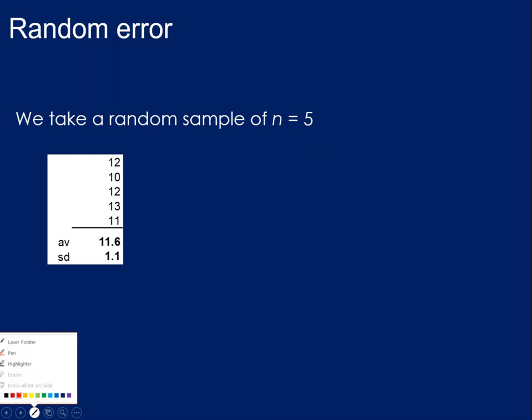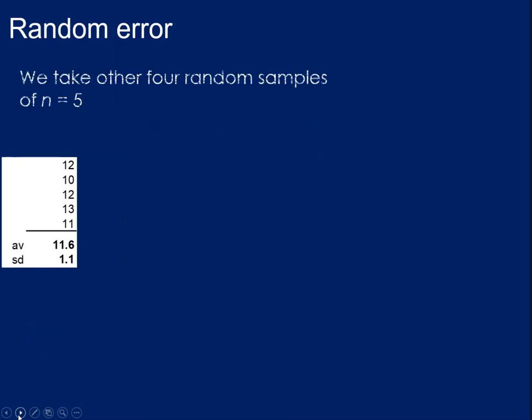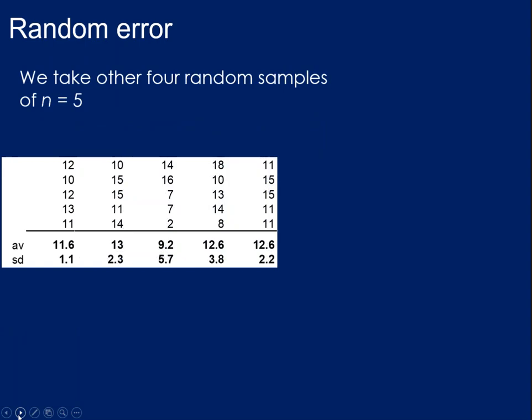We could go on and take another 4 random samples so that in total we will have 5 random samples, and you can see here purely by chance that the averages estimated range from 11.16 to 13, 9.2, 12.6 and 12.6.